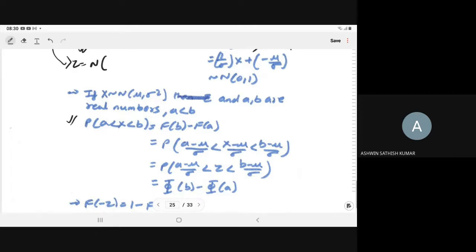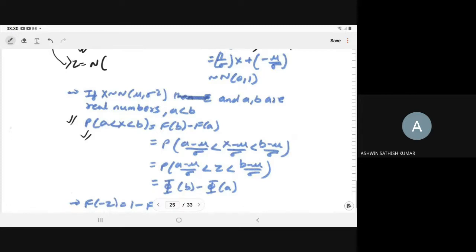I will tell you why it is so. Here, if x follows the normal distribution with parameters mu and sigma square, and a and b are real numbers, and you have to determine the probability of x lying between a and b, then it is equal to F(b) minus F(a).